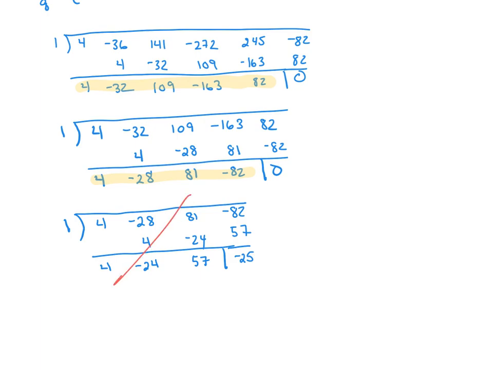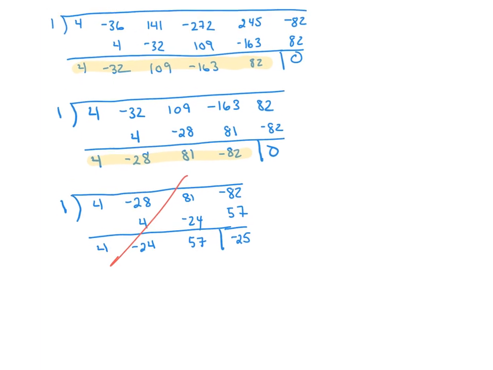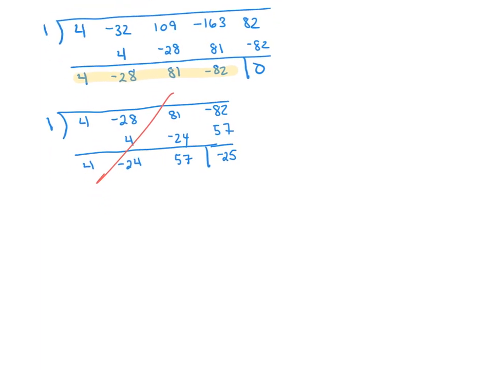So we'll go back to this, and we will now try the next number in our list. So let's try negative 1. Bring down the 4.